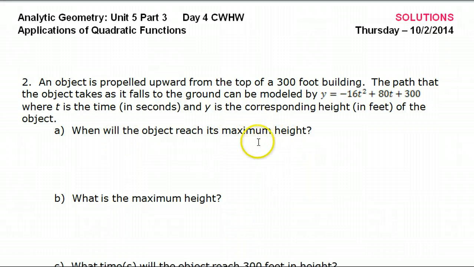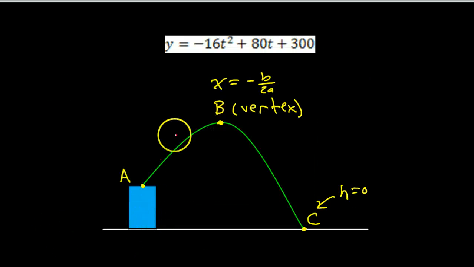Let's look at a picture. Alright, so here's a picture of the situation. An object is being thrown, and this time, please be aware that we don't have x's and y's. In this case, we have t and y. So instead of x, we have time.